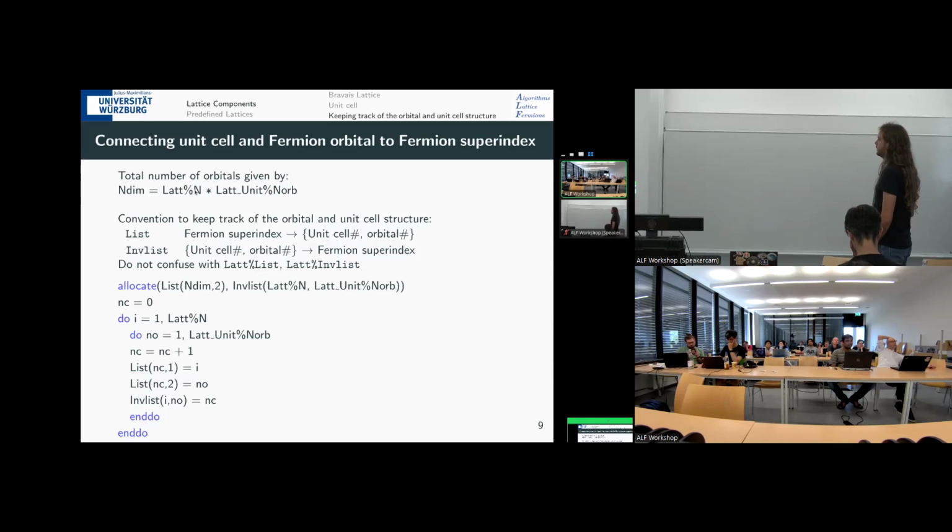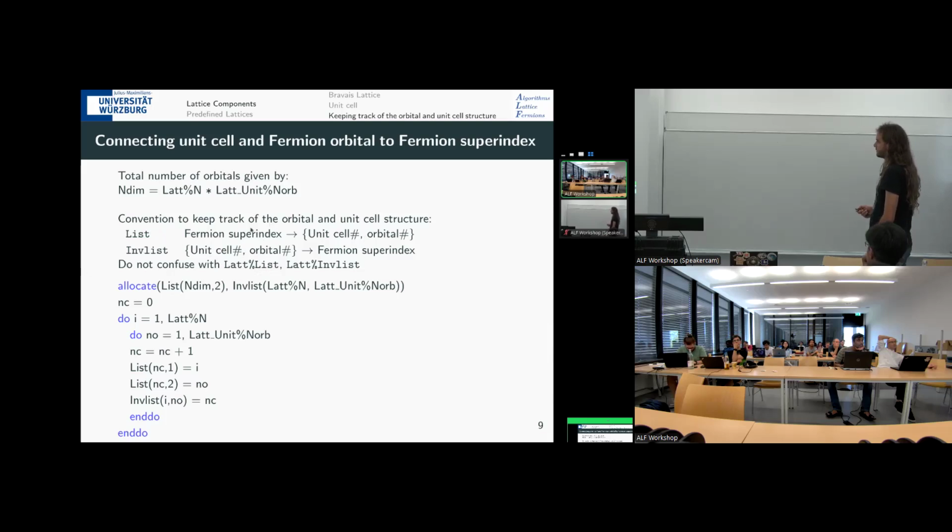And to keep track of this, we have a convention, which in this talk I called the fermion superindex. We also have here a list with if list and inf list, but it should not be confused with the list and inf list which is part of the Bravais lattice. So this list and inf list translate from the super index to the unit cell number and the orbital number, and vice versa.